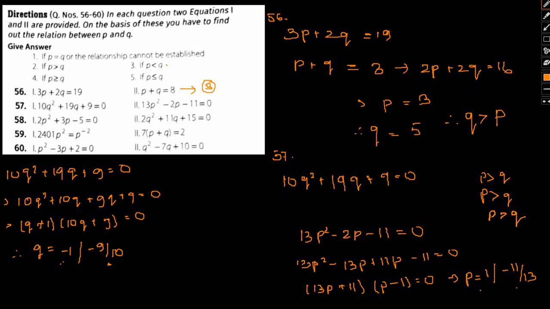And if q is minus 9 by 10 and p is minus 11 by 13, it is minus 0.9 against minus 0.84, yes, again p is greater than q. So in all four cases, we have p is greater than q. So for 57, p is greater than q, so the answer will be 2.